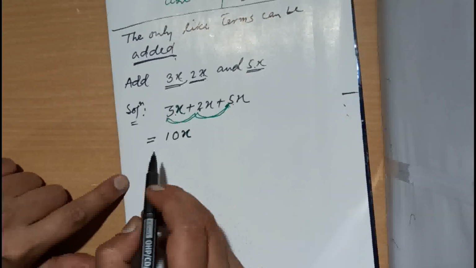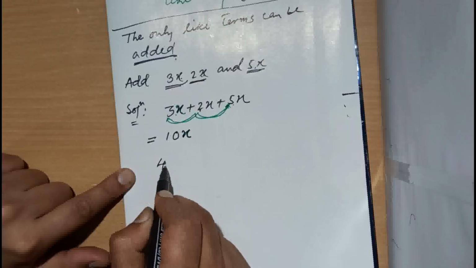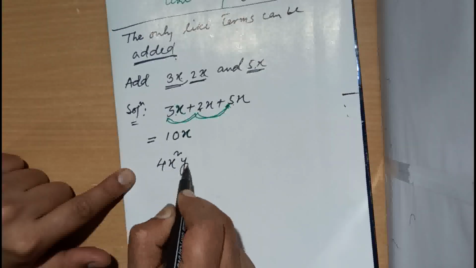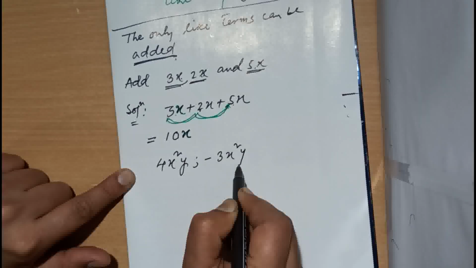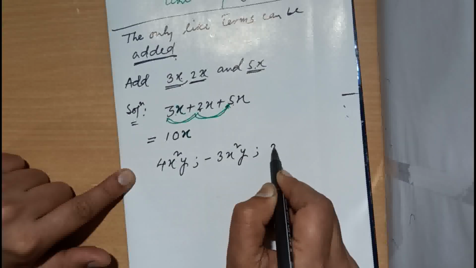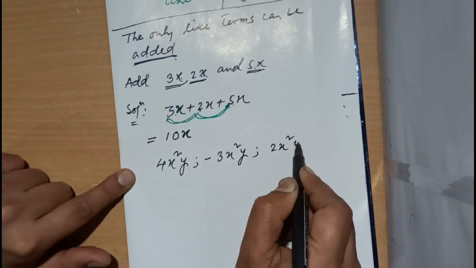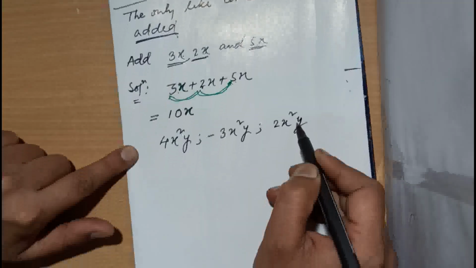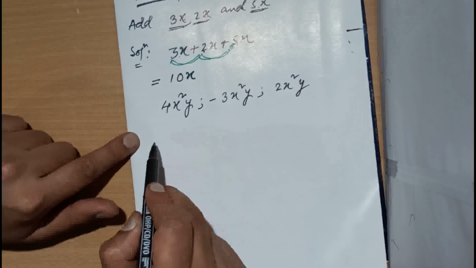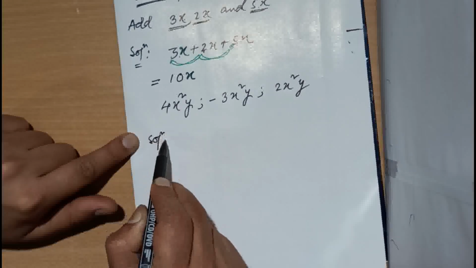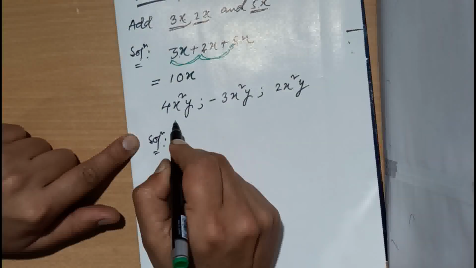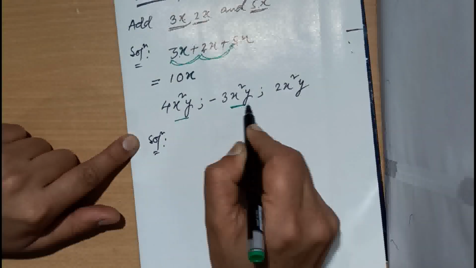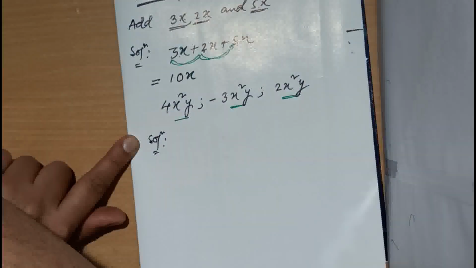Now let me take another example: 4x square y, minus 3x square y, 2x square y. Here the solution is also very simple. First you check, are they like? Yes, they are all like, because all the literal coefficients are the same.